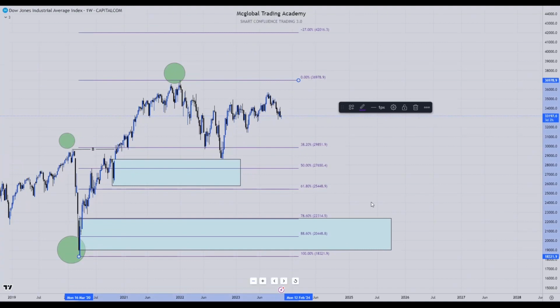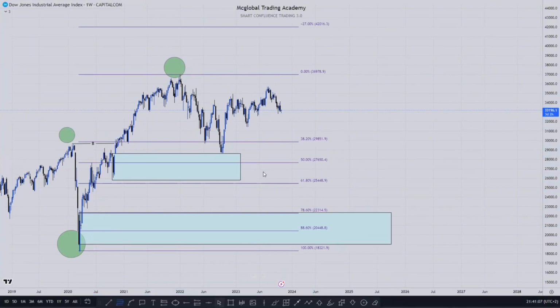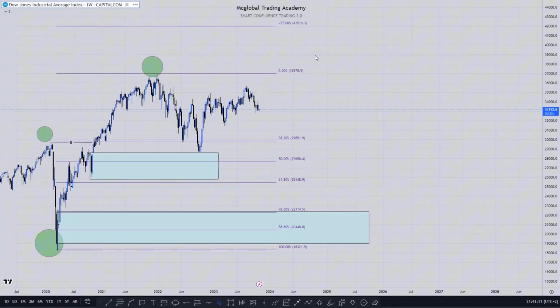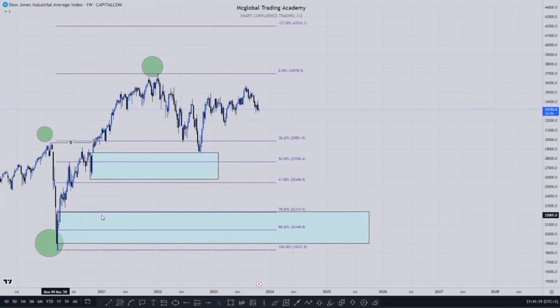What the institutions do when they want to buy, they prefer buying in a discount zone. Discount zone is anywhere below the 50%. That's why they can still push down. They might not push now, but the probability of them coming all the way here is there.